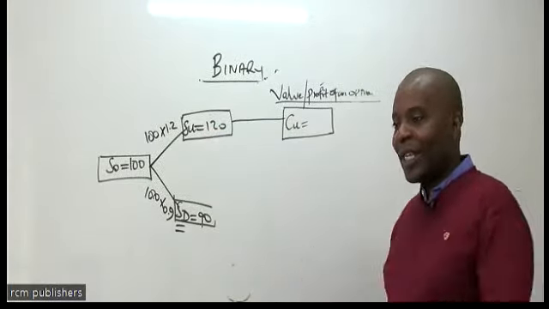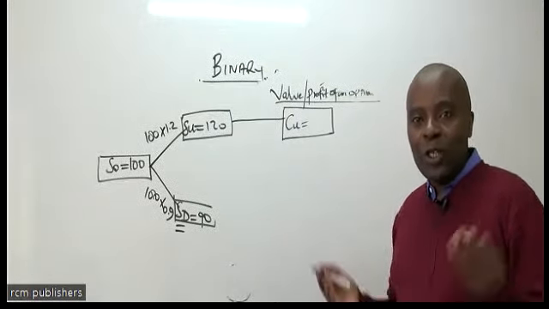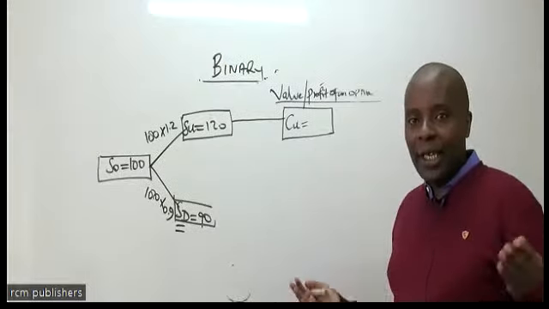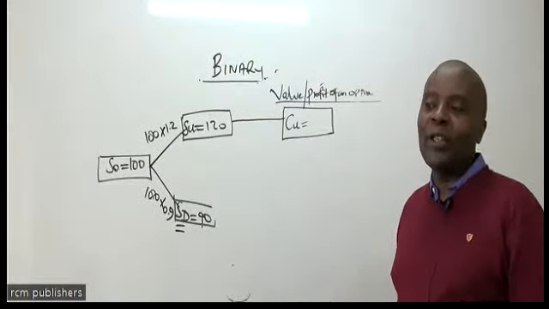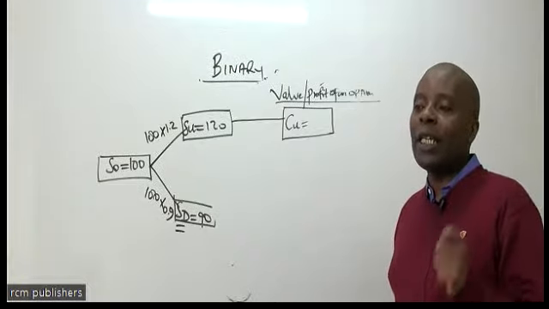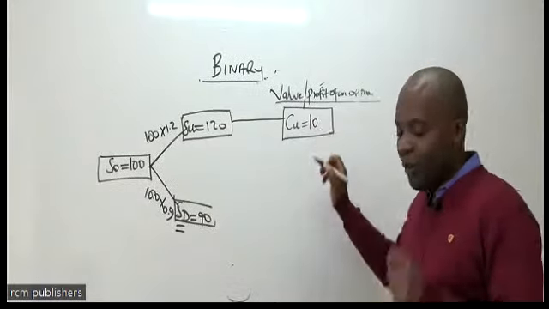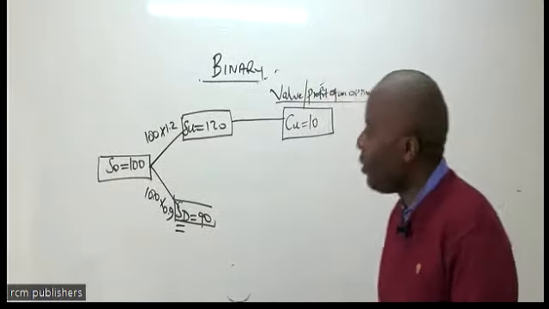So remember, when I exercise my right, I'm buying this for 110, and if I wish to sell it immediately, I'll get a profit of 10 shillings. That profit of 10 shillings, ladies and gentlemen, is my fee. Listen to me very well.